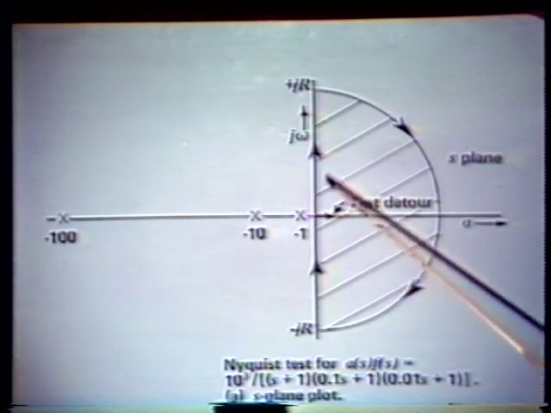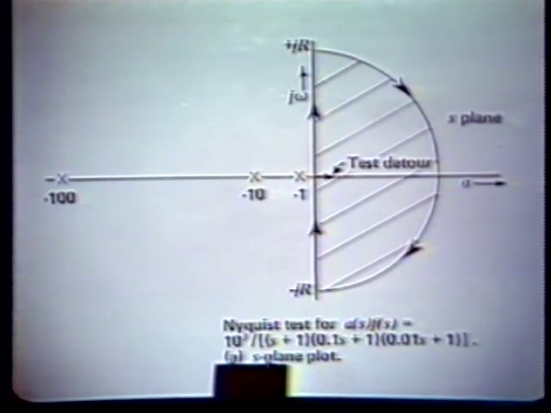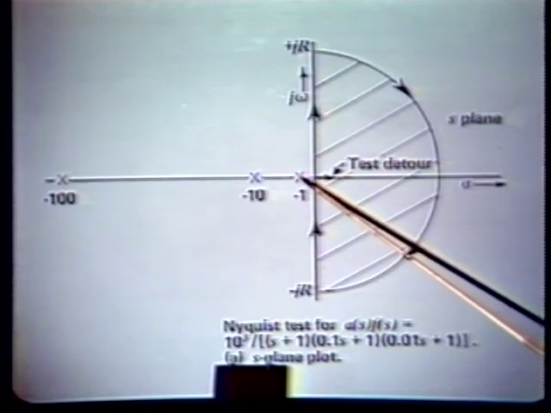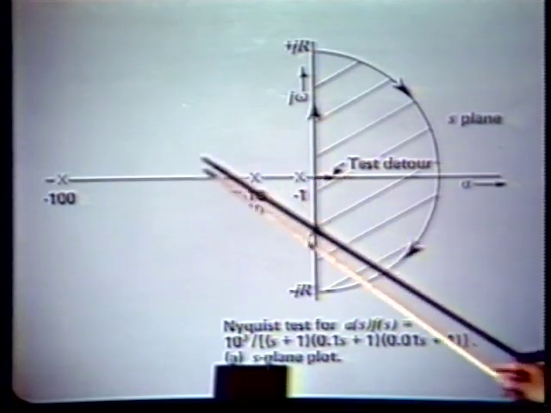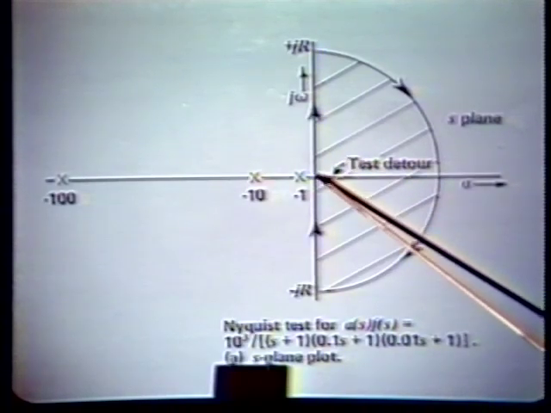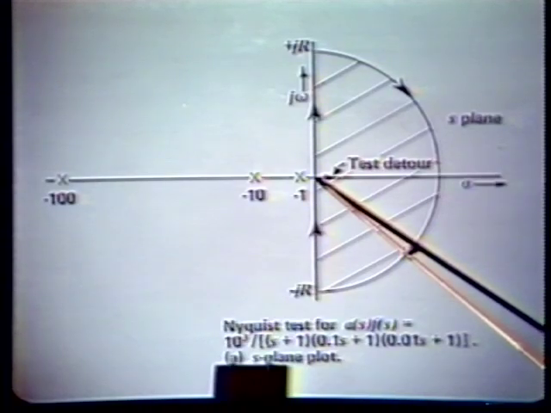And here's the Nyquist contour that we're interested in. And we can see at least quickly what's happening, the general nature of the plot in the AF plane, by considering vectors drawn from these three poles to some point on the imaginary axis. And we notice, of course, that this function would have a maximum magnitude at S equals 0.